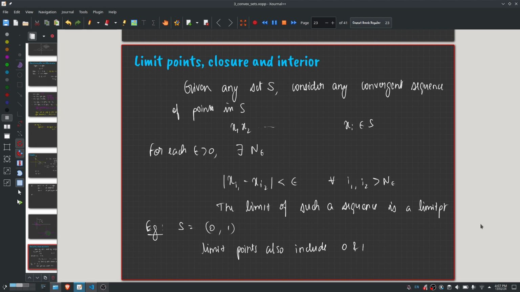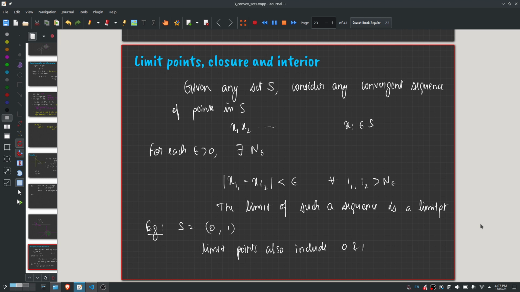So given a particular set, all possible points that could possibly be limits of sequences originating from that particular set is called a limit point of that set. So of course every point within the set is a limit point of the set, but potentially you could also have points outside the set which are also limit points.